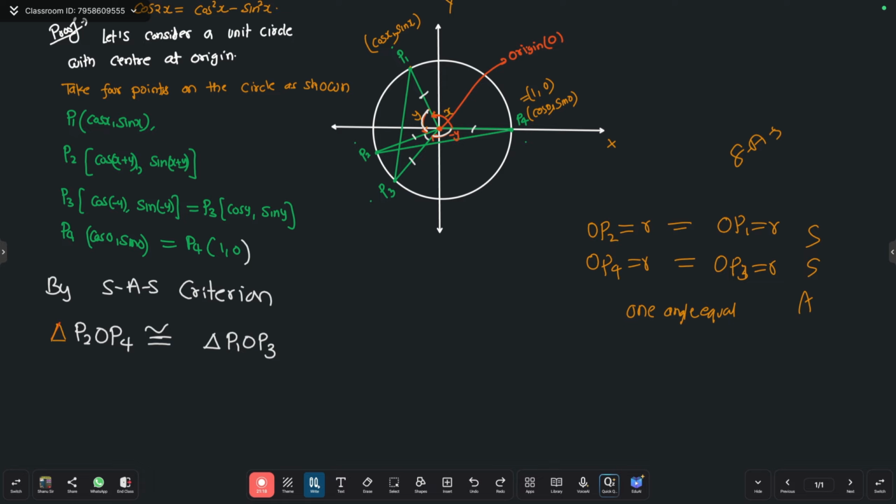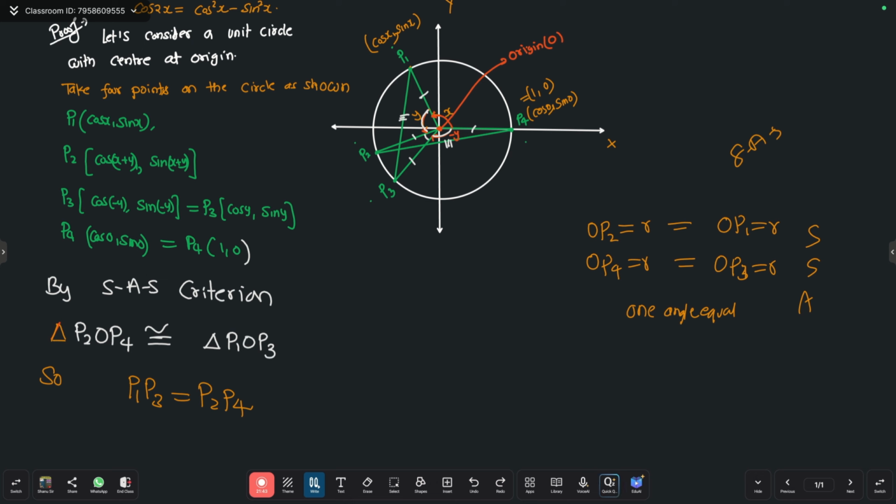So we can write P1 P3 must be equal to P2 P4. What is P1 P3? Distance between P1 and P3. And what is P2 P4? Distance between P2 and P4.